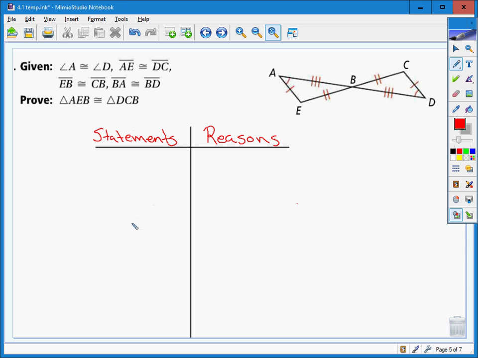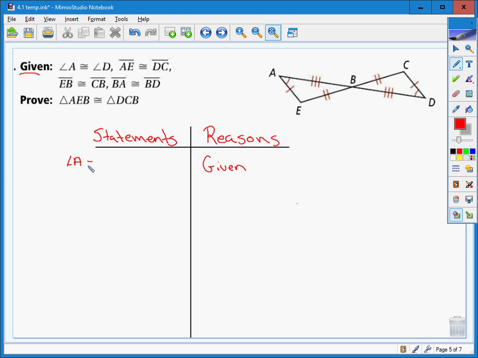What is the group of statements usually that we do first? The stuff that they what? That they give us. So my reason is going to be given, and I'm going to go ahead and list everything that was given to me.